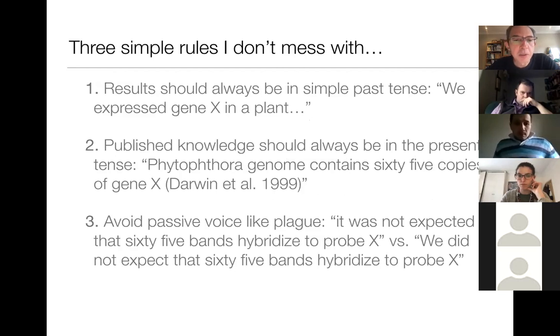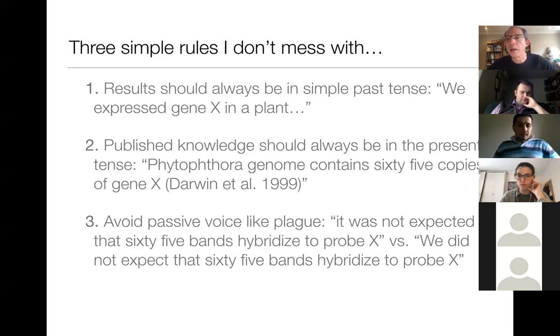And the tradition, I was told, goes back to the idea that when you're writing a paper, this is not published yet. So it's not part of the scientific discourse, part of the sort of the knowledge base.